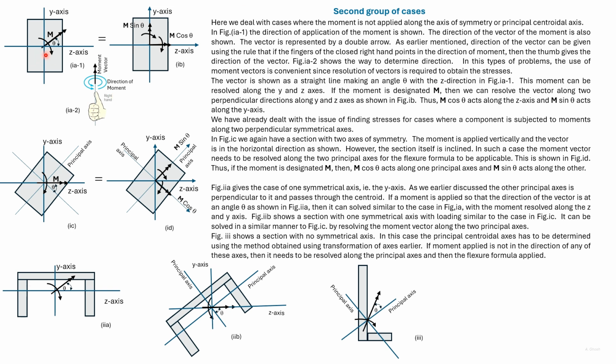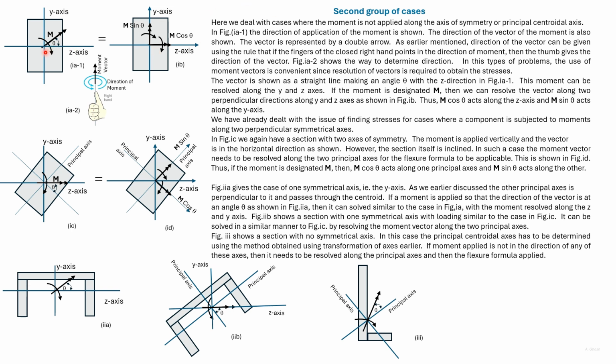In this figure, the moment and the moment vector is not along any axis. So this is the moment and this is the moment vector. Moment being a vector can be resolved into a horizontal and a vertical direction as has been shown here.